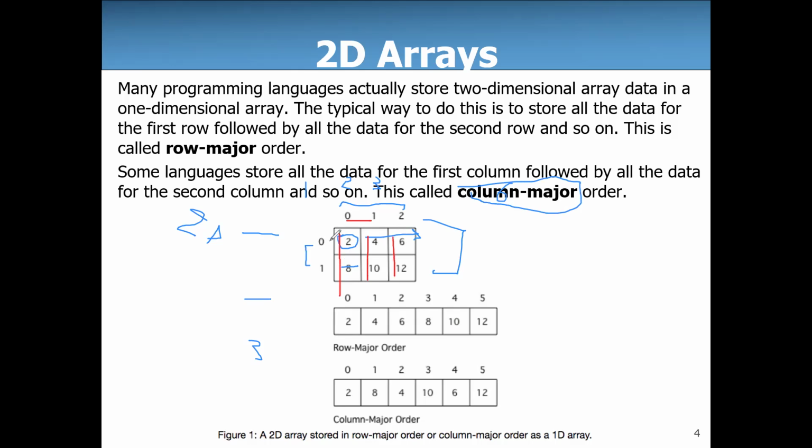First, you will read 2 and then 8, then 4, 10, 6, and 12. So we can see here in column major, we have 2, 8, 4, 10, and 6, 12. These are the two approaches which in most cases we use to convert the 2D array into a 1D array.